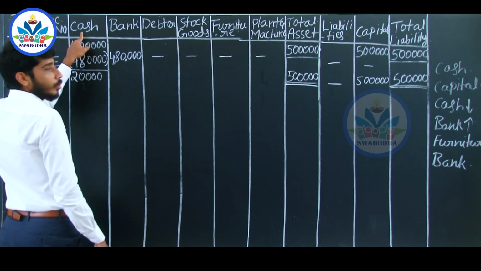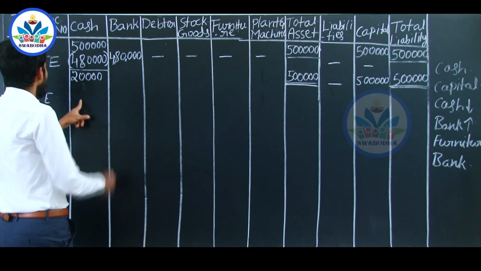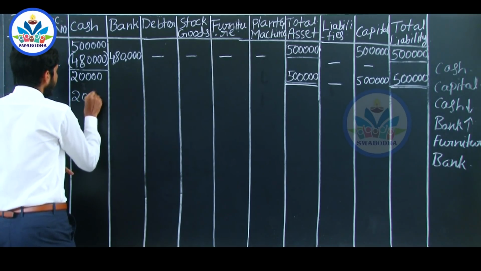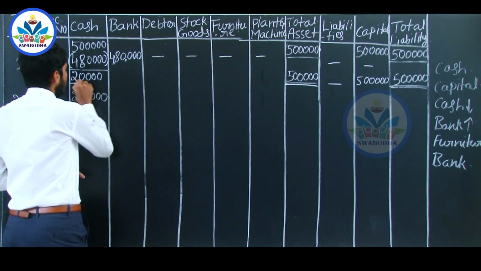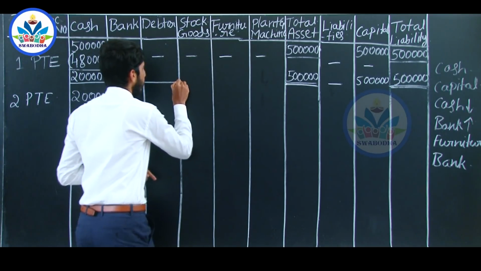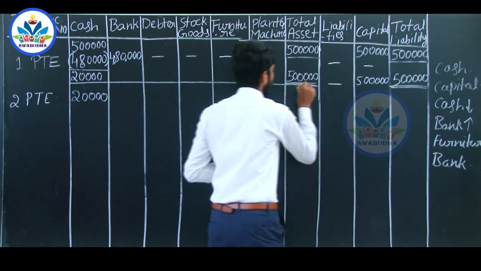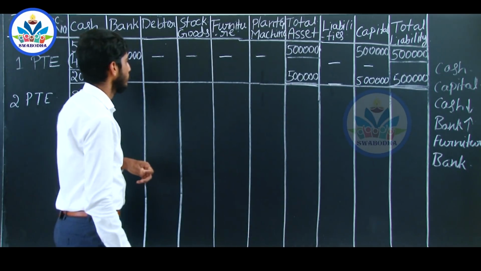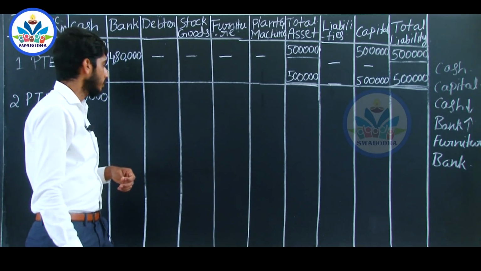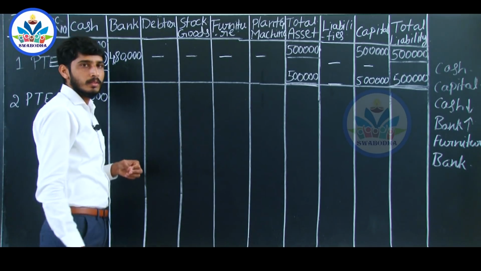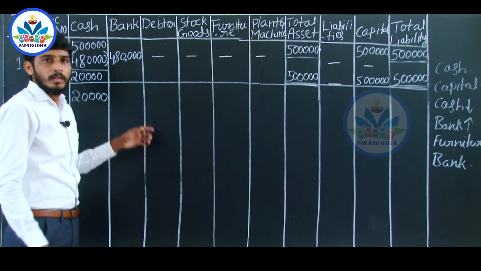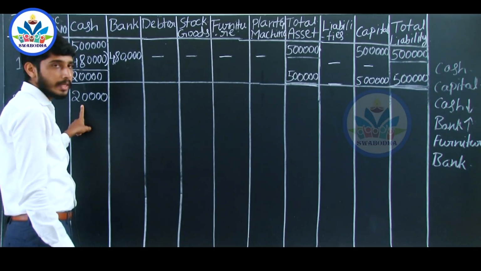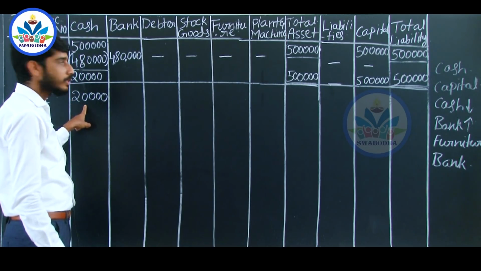Now, there is no cash account involved. So, cash account balance will remain the same, 20,000.